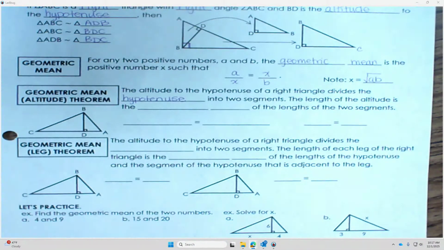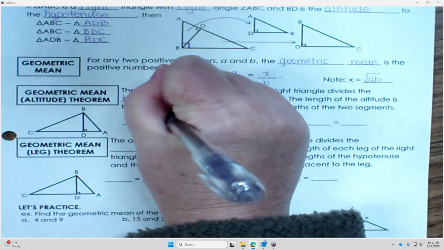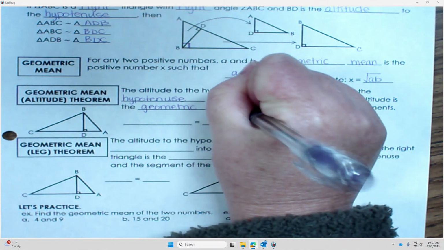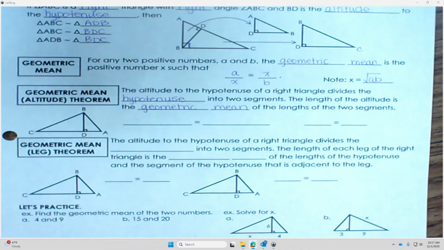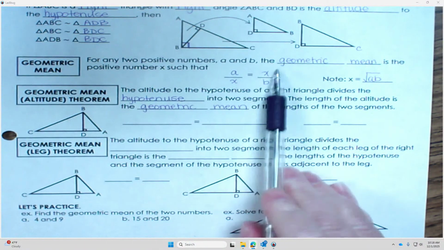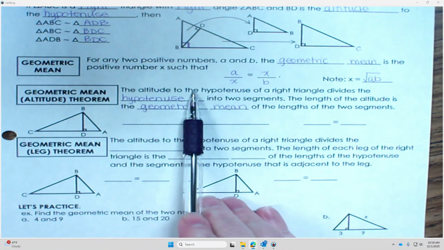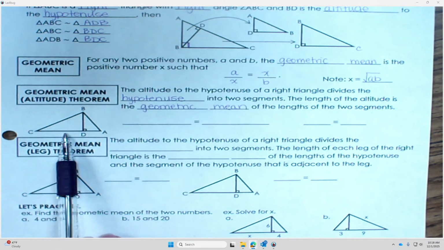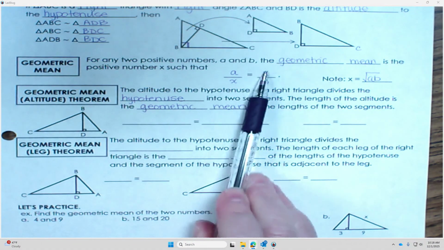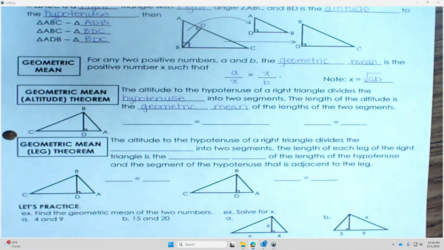The length of the altitude is the geometric mean of the lengths of those 2 segments. So remember, geometric mean up here, that was x. And so what this is saying is we're going to take one part of the hypotenuse and divide it by x and set it equal to x divided by the other part of the hypotenuse.